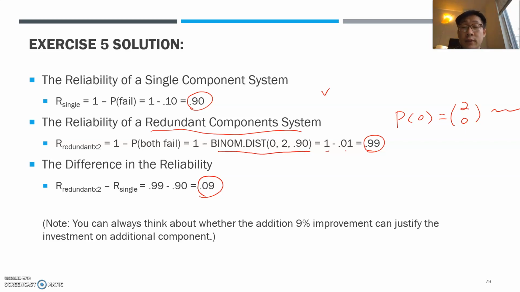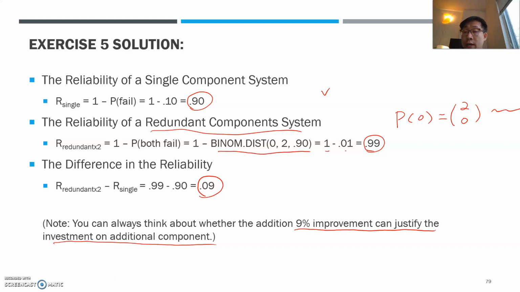You can easily translate it into some dollar value based on the context. So you can always think about whether the additional 9% improvement can justify the investment in the additional component. I think that is the additional comment I'd like to make. What you've been seeing from these 5 exercises is very, very key: the bare bone information you need to calculate the reliability based on the higher level description of the system, whether it's a series or a parallel.